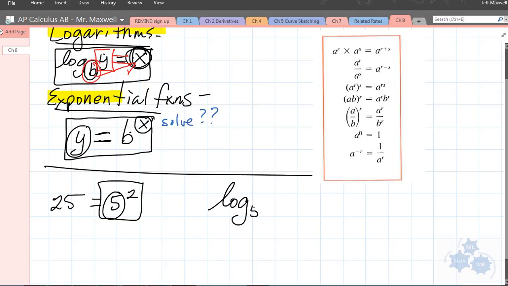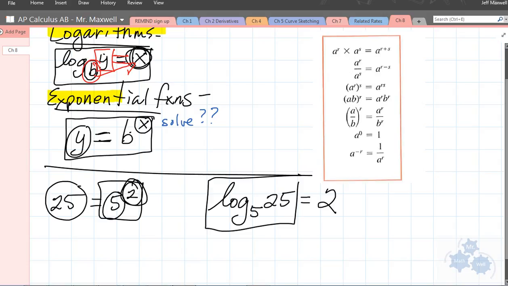So 5 goes in the base position. Okay? The logarithm of 25. 25 goes here, and then 2 is the answer. So the result of this log is the exponent. That's how we can solve for x. See, the exponent is the log of this number with this base.